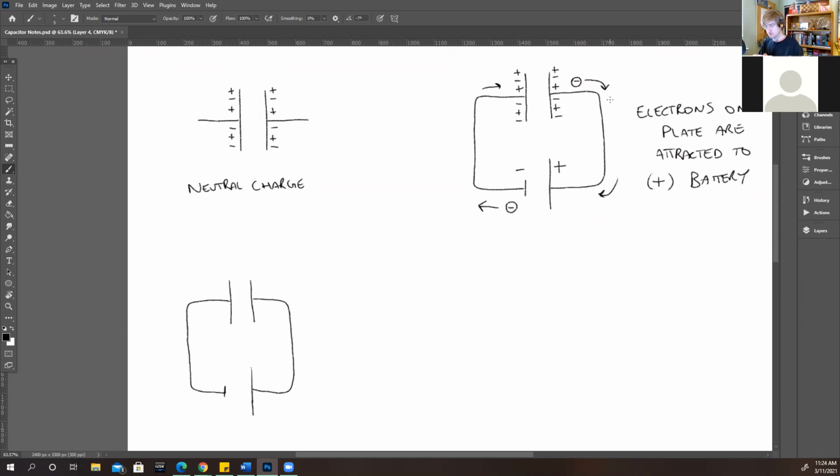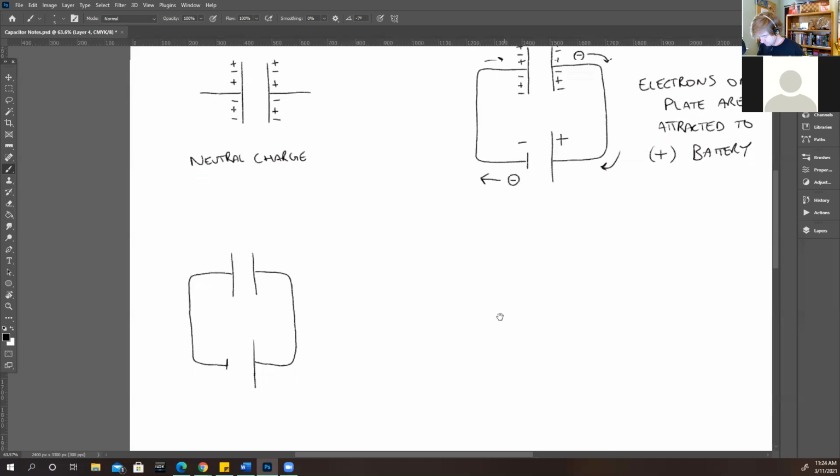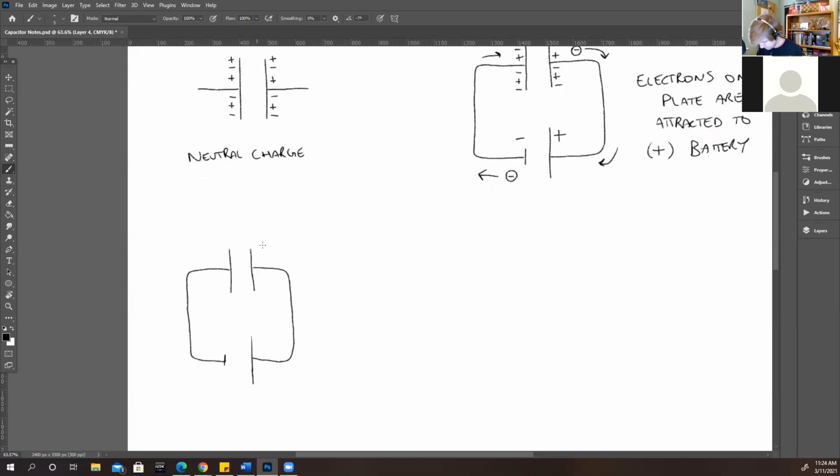The protons of an atom have to stay where they are. So what we get is a bigger separation of charges as more and more electrons are taken away from this side and attracted to the positive side of the battery, and more electrons are deposited onto this side of the capacitor.